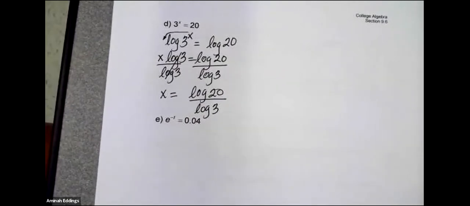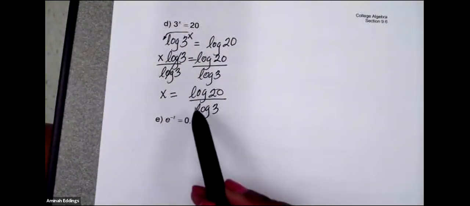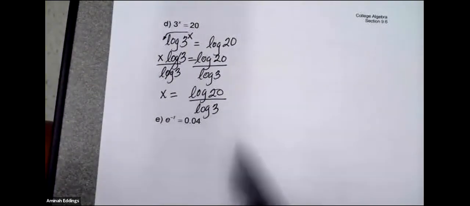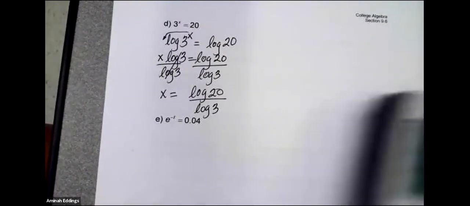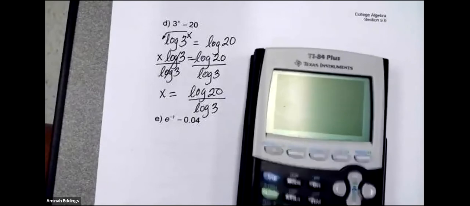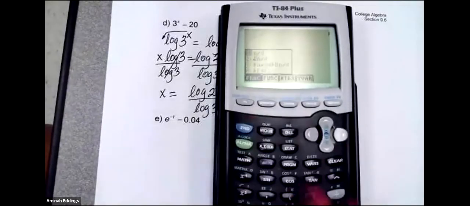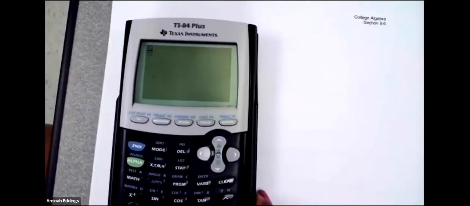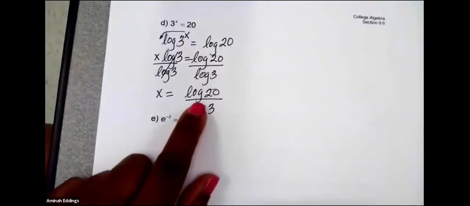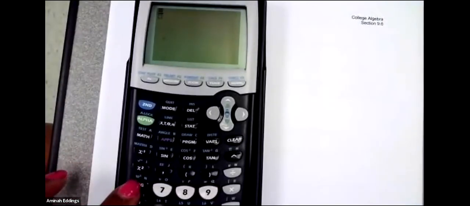And so depending on which problem you're doing, you can leave it like this. If it asks for you to round it, we can put that in our calculator. And remember, this is the common base, so I'm going to use this log here. Okay.